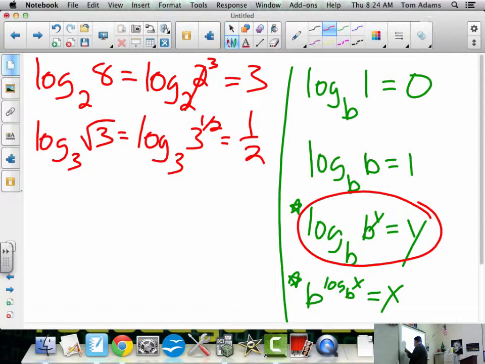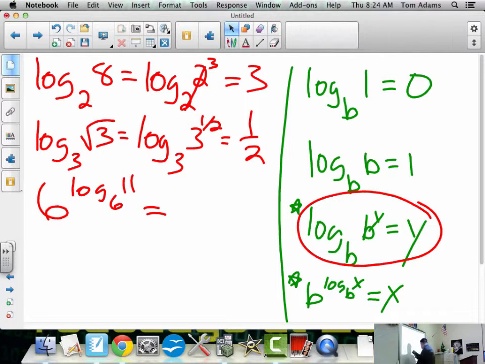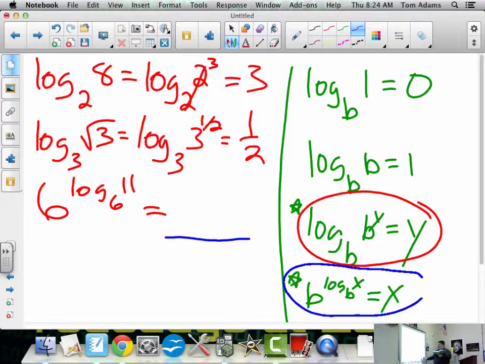This is going to be awesome. 6 to the log base 6 of 11. Now, the only difference between that one and the first two is that we're going to use this property. And according to this property, what should my answer be? 11. Very good. That's example number 2. Do you guys have any questions on that?